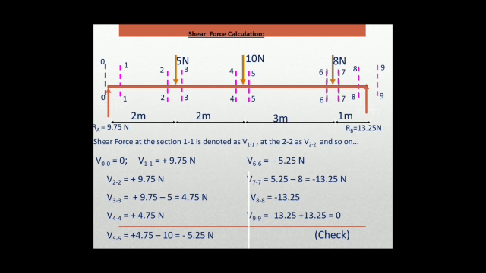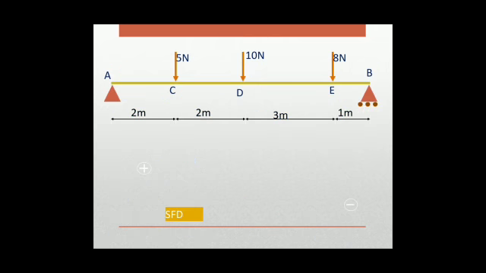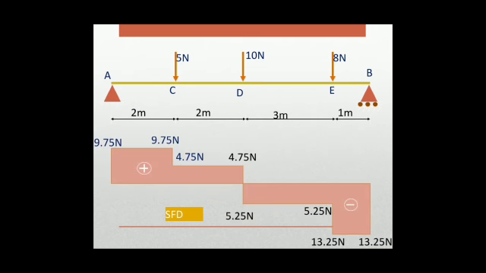V99 is equal to minus 13.25 plus upward reaction RB 13.25, which is equal to 0. By using the above calculation, we draw SFD.